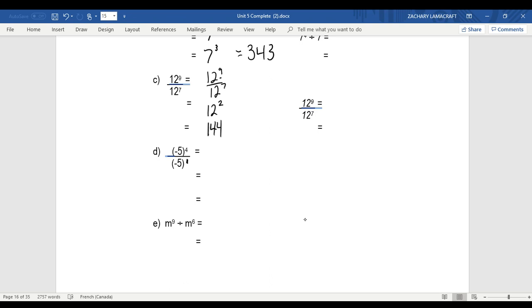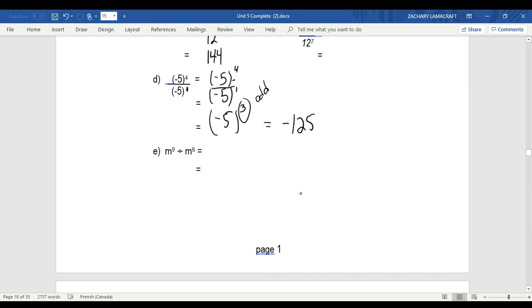And remember, we put that 1 when it's a single base. Once again, it's set up like old school subtraction, 4 minus 1 giving us negative 5 to the 3, or that answer of negative 125. Remember, odd number.